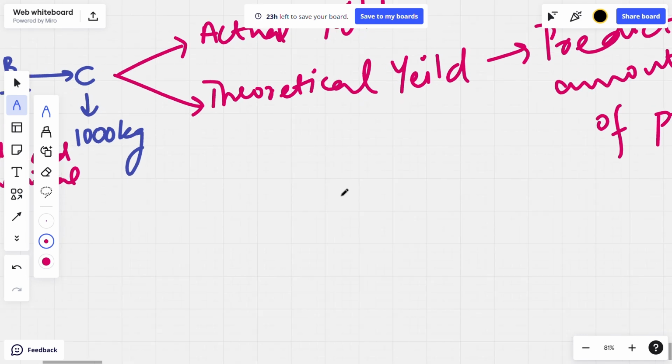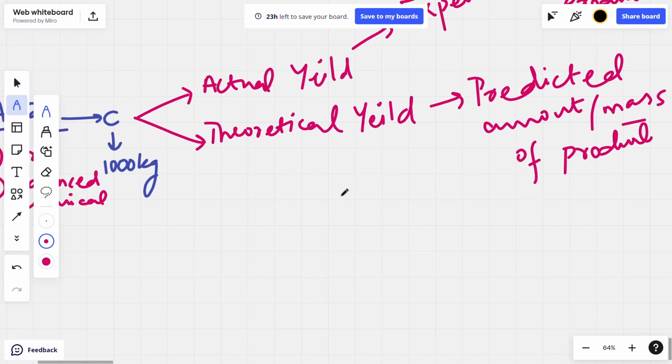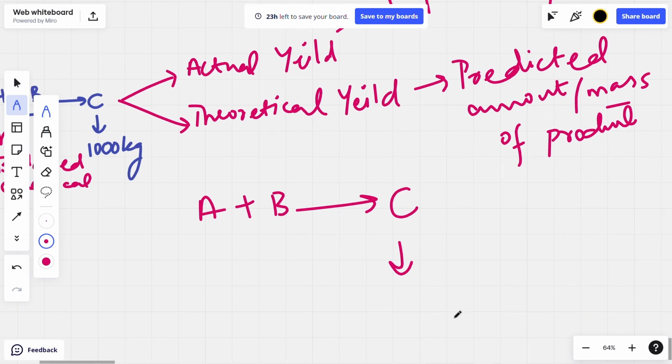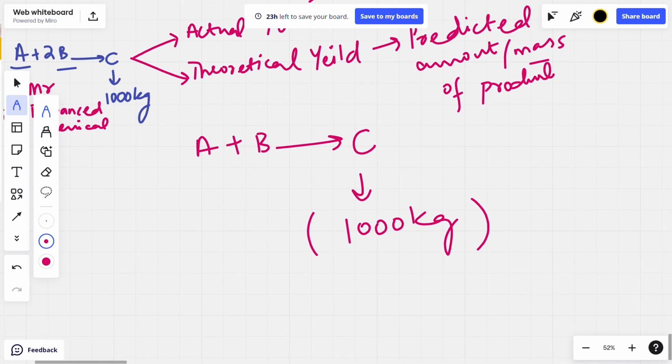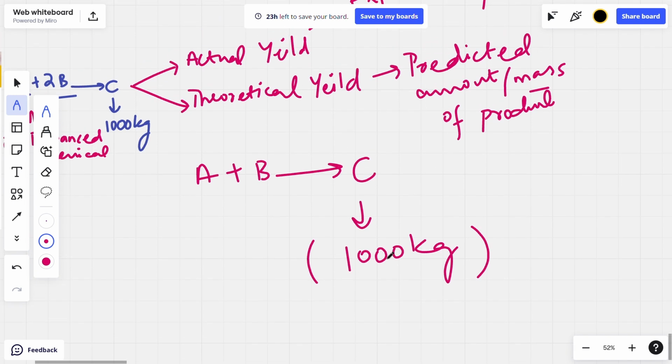For example, from the balanced chemical equation, the predicted amount of the product that should be gained after combining the reactants is 1000 kg.